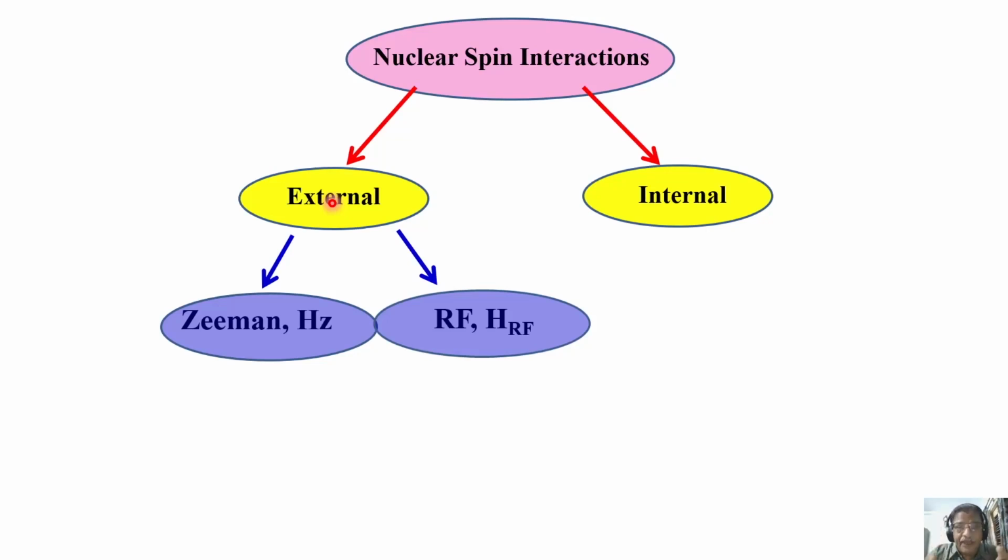Internal, I mean within the molecules. You take any molecule of your interest, within the molecule, there are several other internal interactions. These internal interactions also we have to understand. So far, we have not discussed any of them. Then the question is, what are these internal interactions?